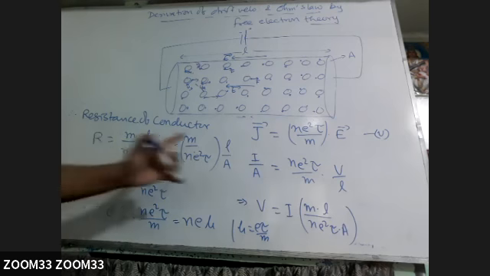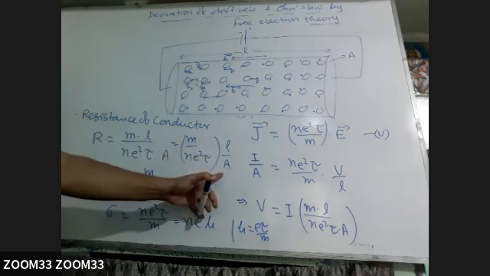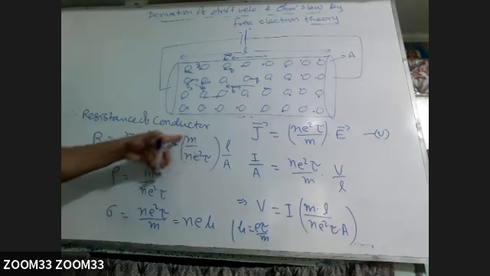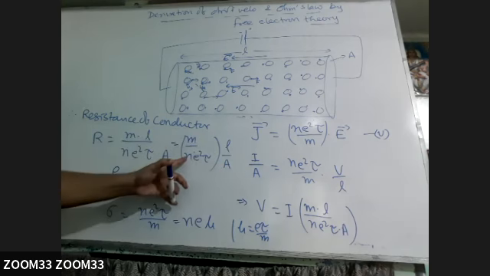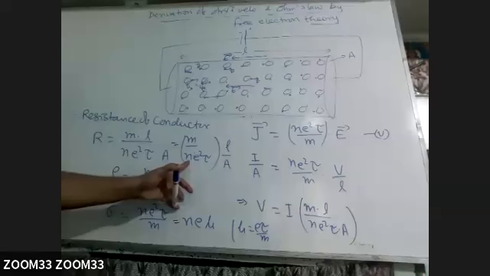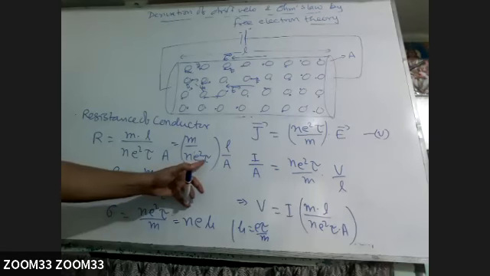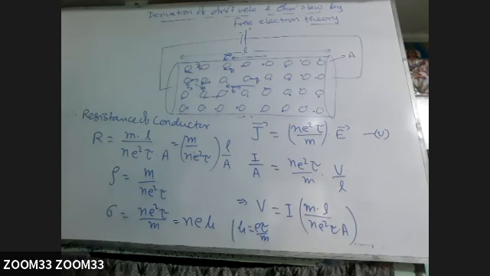So R depends on L, on A, and on nature of material, because nature of material is mainly the number of free electrons per unit volume, as well as the average time interval between two collisions.